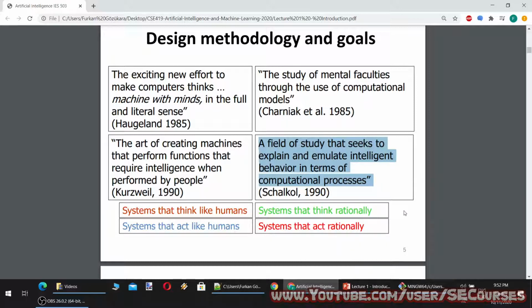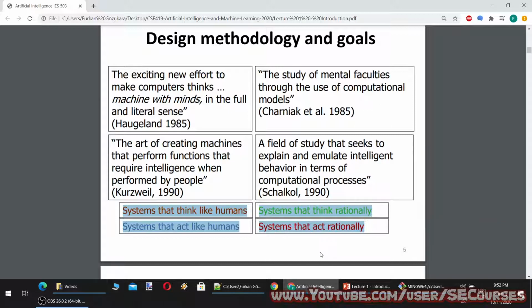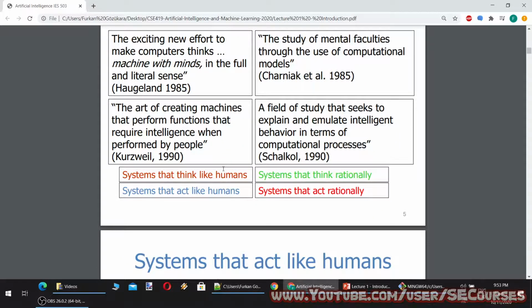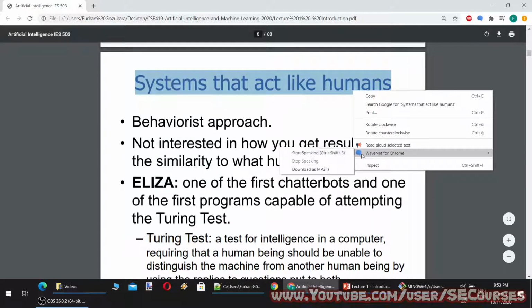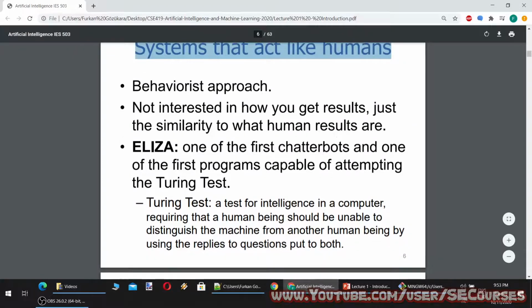A field of study that seeks to explain and emulate intelligent behavior in terms of computational processes. Systems that think like humans, systems that think rationally, systems that act like humans, systems that act rationally. Okay, let's start with systems that act like humans.